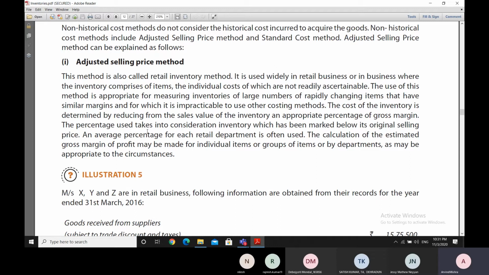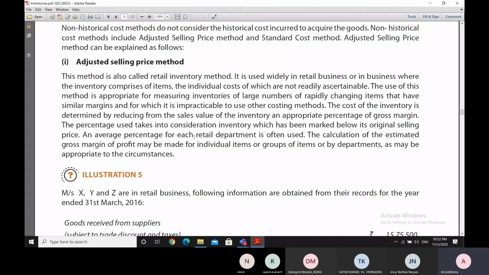The percentage used takes into consideration the inventory which has been marked below its original selling price. There may be some inventory marked below the original selling price because it is being attempted to be sold at a discount. So, depending upon the size of the inventory being undersold below the normal selling price, an appropriate percentage of gross margin is computed or estimated.